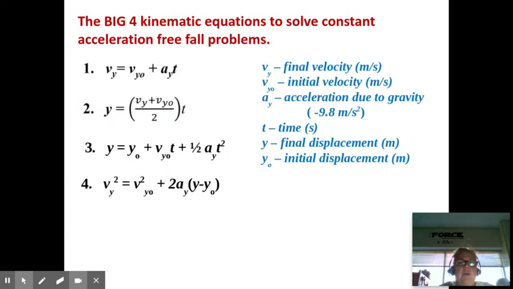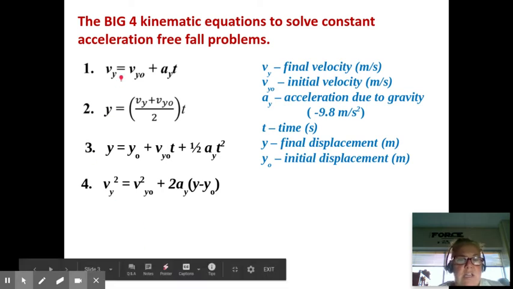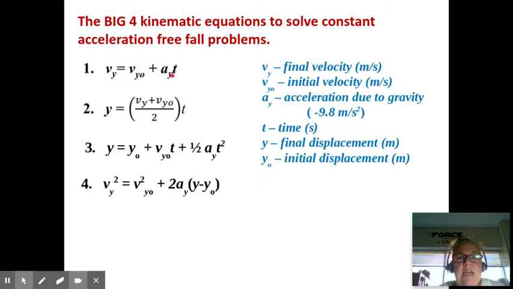So again, we're using the same four kinematic equations, but notice what I did here. I changed them, so instead of being v sub x, it's v sub y. Same thing for this. It's vy naught and ay. Again, instead of x equals, this is y equals. Now remember, this one's not on your equation sheet, but I did add it to this slide.